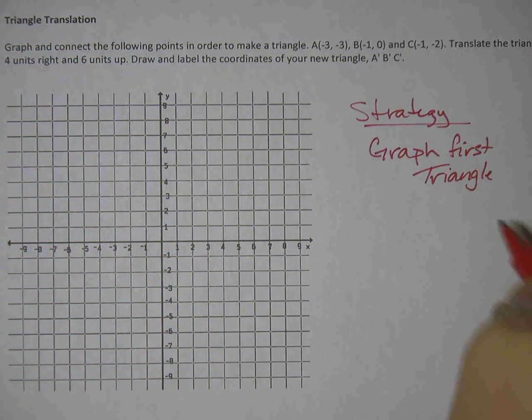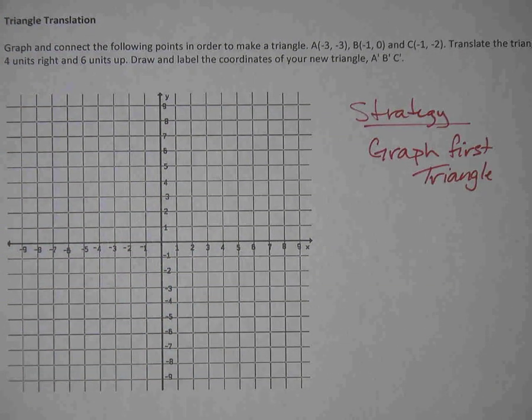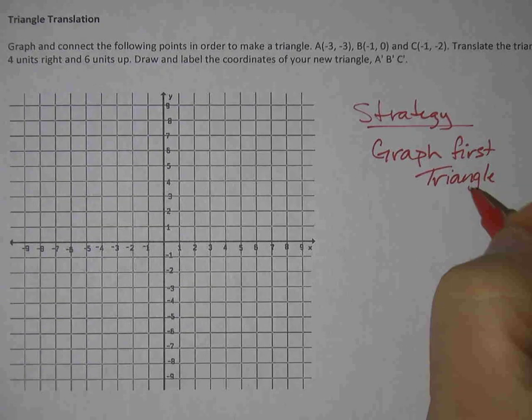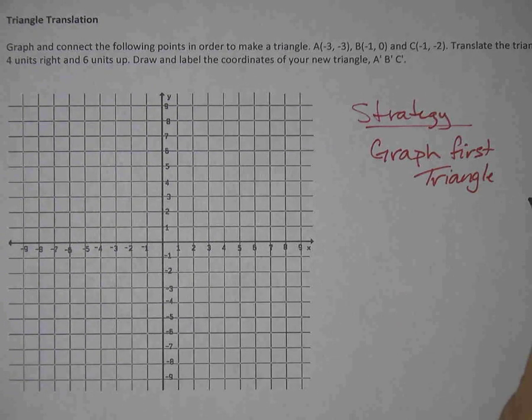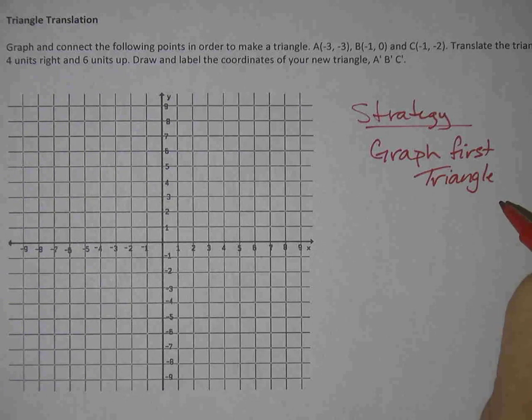We could maybe briefly talk about how we graph that, but it can be assumed that you know how to graph at this point, because that's more of an algebra skill than a geometry skill. The triangle part makes it a geometry skill, as well as translating. So graphing, we can assume we can do that.